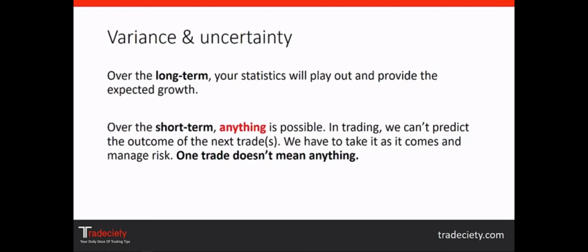And then before we get into our simulation, we have to talk about variance and uncertainty. Most traders are in a short-term mindset where they just think on a trade-to-trade basis. But it is very important in trading that you are in a long-term mindset where you know that over the long term your statistics will play out. It is not important what your next 1, 2, 3, even 5 trades will be, and you cannot control that.